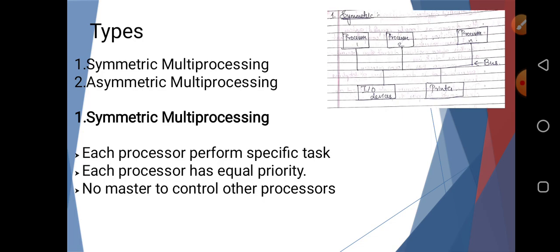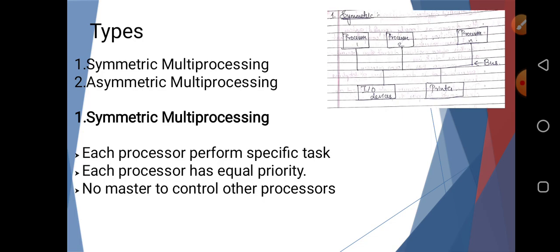As you can see over here, in symmetric multiprocessing, each processor is assigned a particular task. That means each processor is capable of performing some specific task. It is the same as a peer-to-peer network in a computer network. Students, you have already learned the peer-to-peer concept in computer networks. In a peer-to-peer network, each computer has an equal priority and each one is capable of doing some specific task.